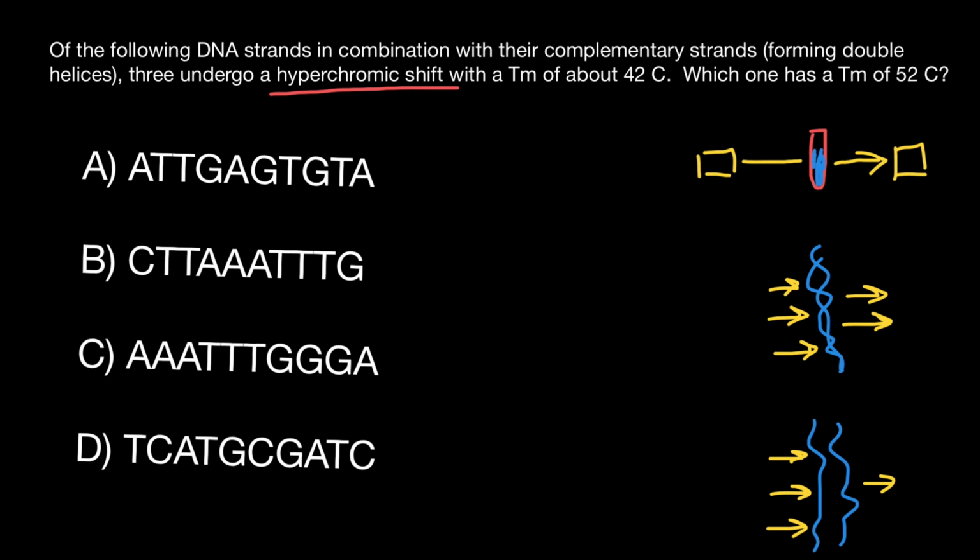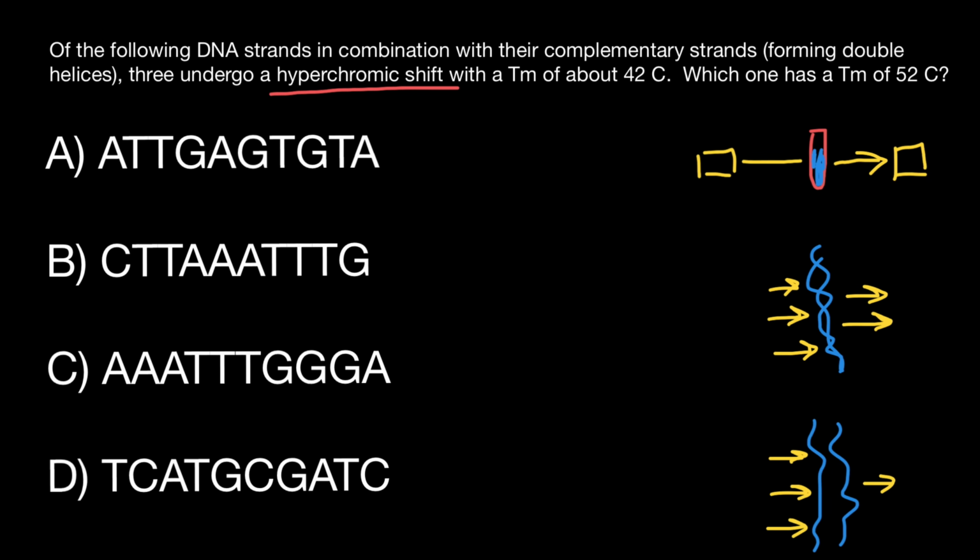Now let's take a better look at these oligonucleotides. To solve this problem, all you have to know is that adenine base pairs with thymine and guanine base pairs with cytosine. Between guanine and cytosine we have a triple bond, and between adenine and thymine we have a double hydrogen bond.